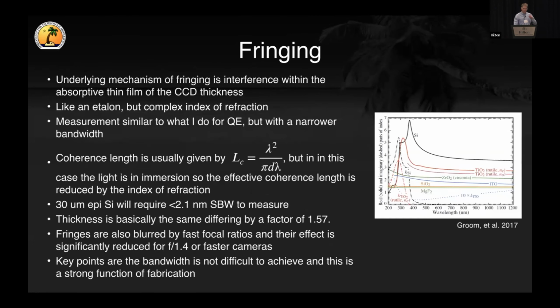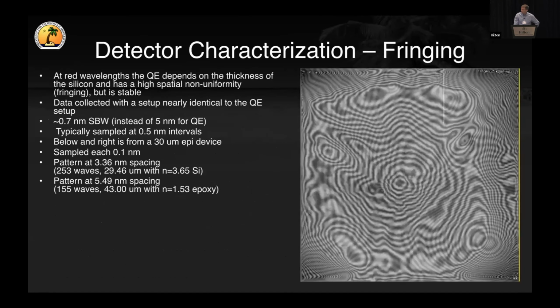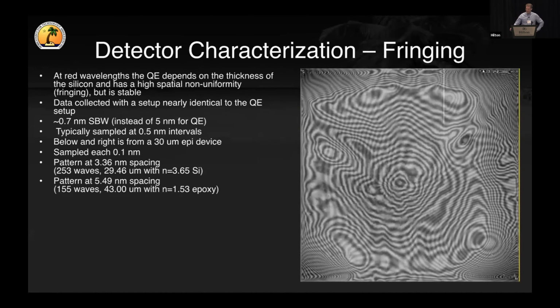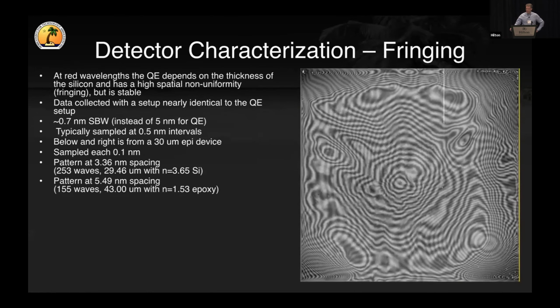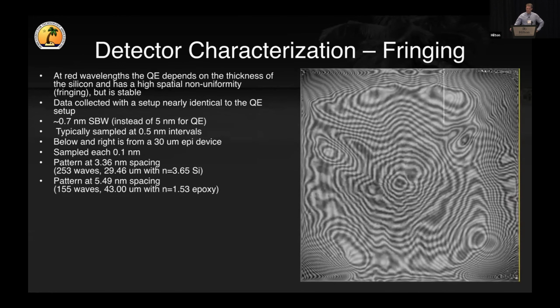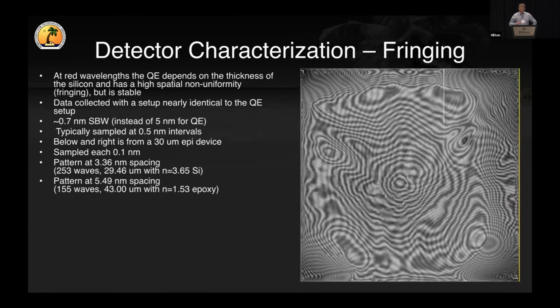I loved Molly Kate's talk about etalons. We build our own etalons as well in the lab unintentionally. This is the CCD thickness acting as an etalon. What I'm doing in what you saw scanned through there was moving the color of illumination in the flat field.